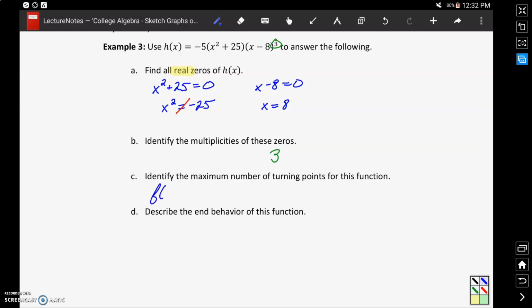For extreme values of x, our function h of x will be approaching negative 5 times x squared times x cubed, or negative 5x to the 5th. This means our maximum number of turning points would be equal to 4, which is 1 less than the degree of our polynomial.